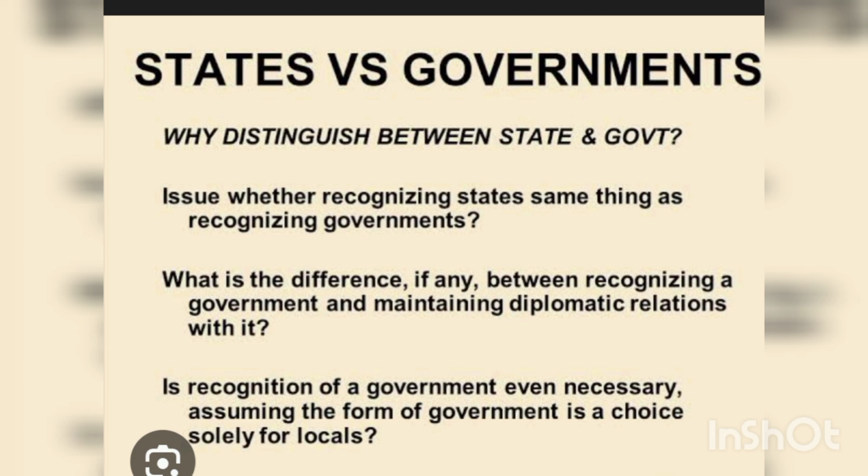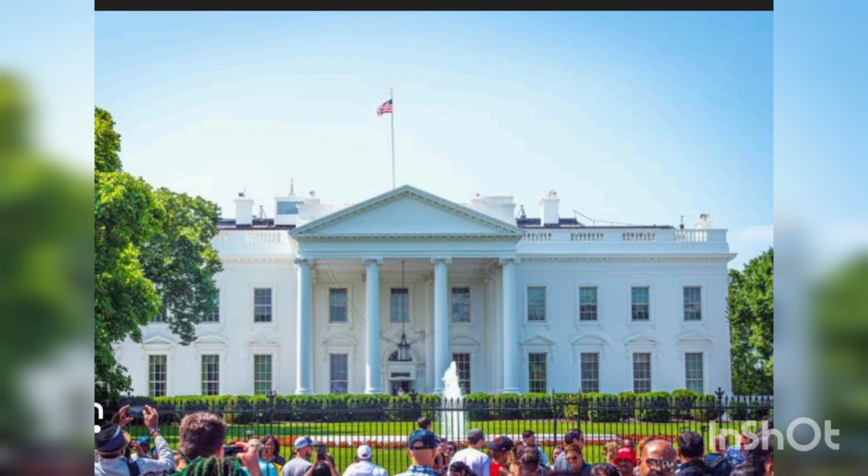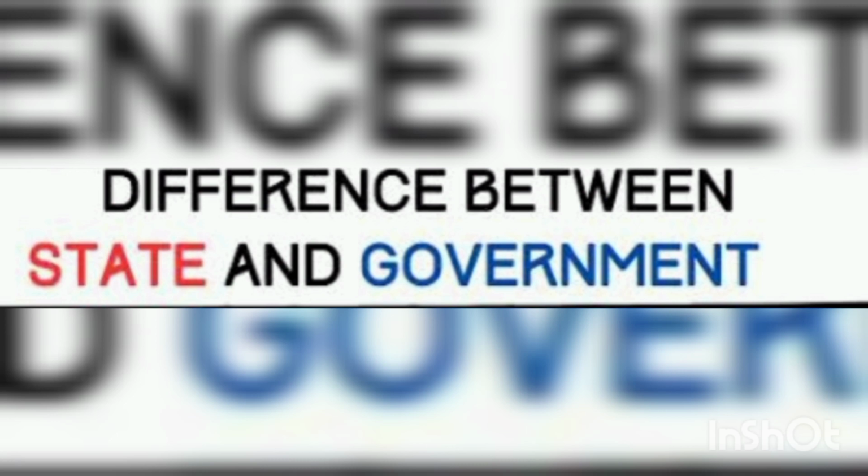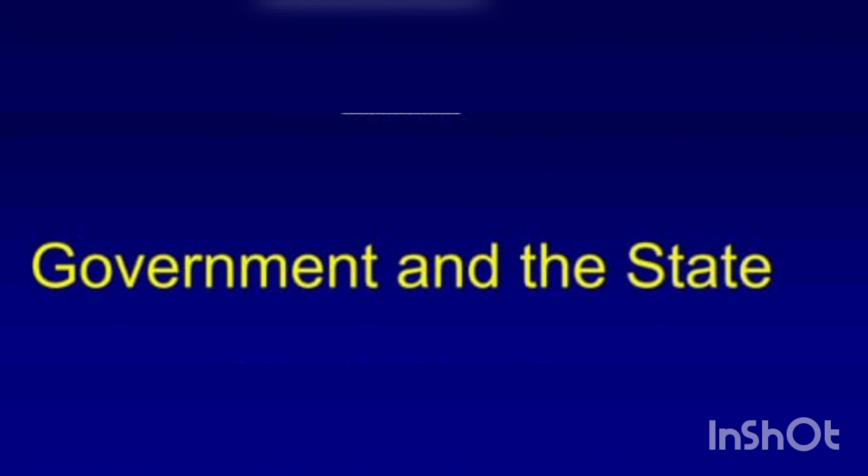The fourth distinction is that state is a concept, an idea or a name used to denote a community of persons, and these persons who live in a state make the government. Consequently, friends, we came to know that state and government both are important. For making of state, government is important, and for making of the government, state is also important.